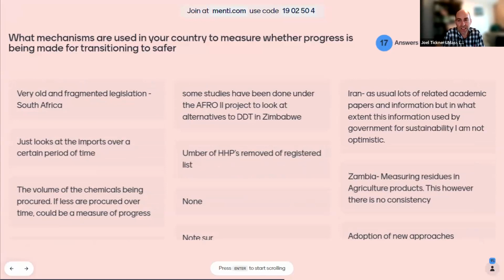But having at least some basic approach, even if it's just asking questions to try and understand trade-offs beforehand, and then having some metrics. I was raising this as well in the context of the Beyond 2020 last week, is just the simple fact of understanding what you're working with, how much you're working with, where it's going, and then being able to measure that is a good step at better chemicals management and toxics reduction.